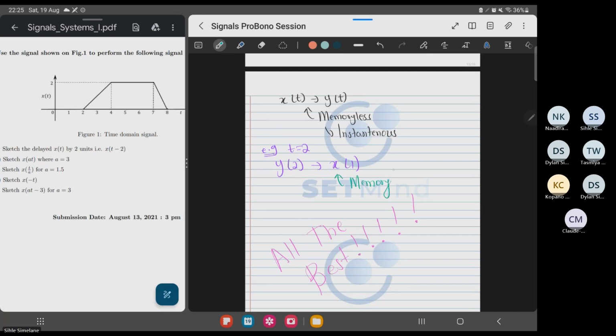And if a system has memory, we say the system is dynamic, because for every y of t, my input is x of t minus 1. And already you can see here that we can then speak about causality and other issues.